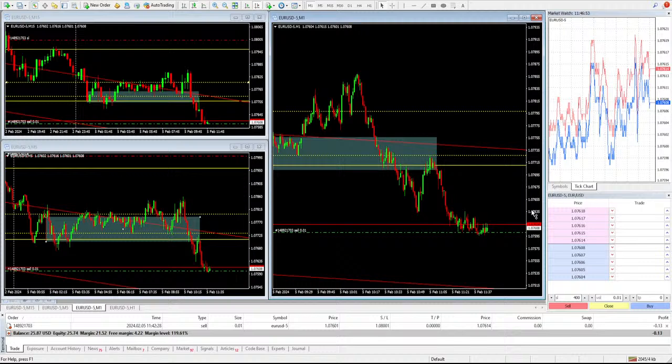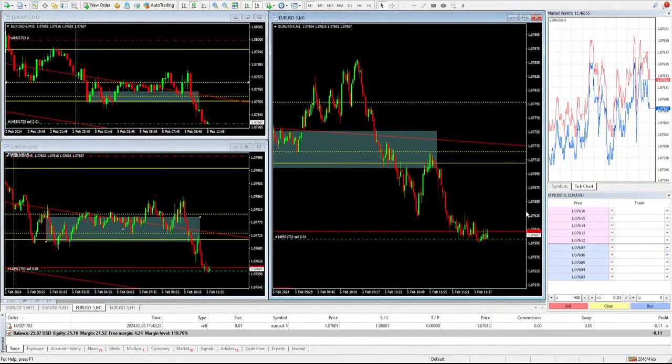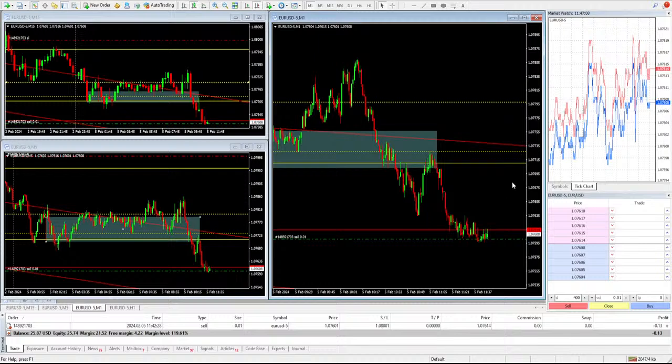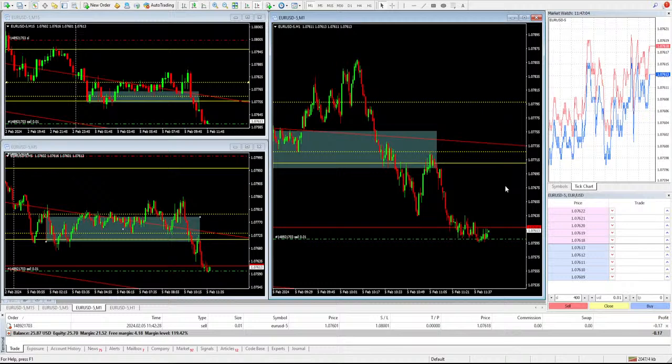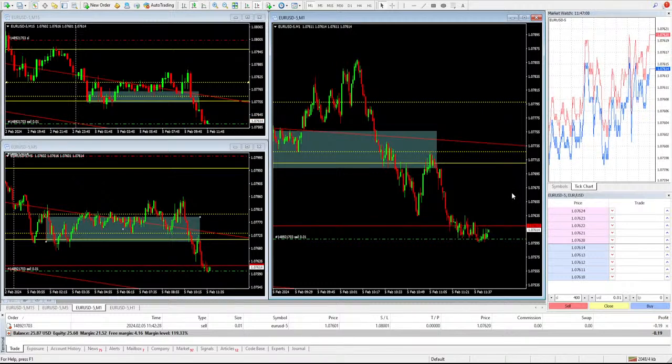Fun little waiting game. I'll have to try a New York session there later on. Get a little bit more in. Give this one a little bit more time.